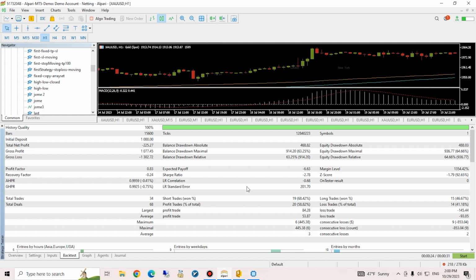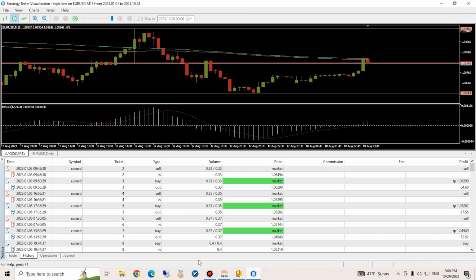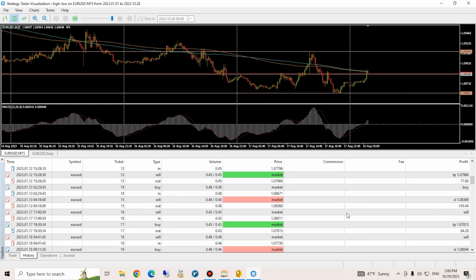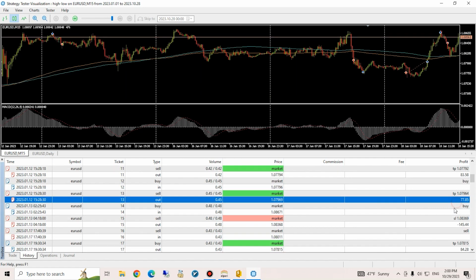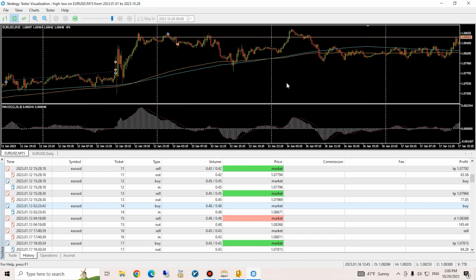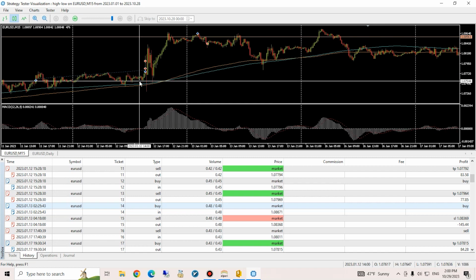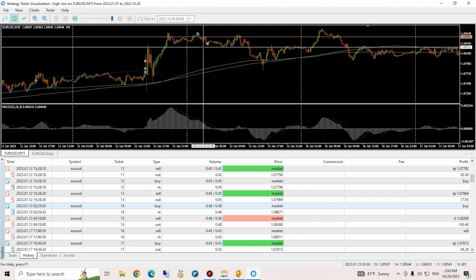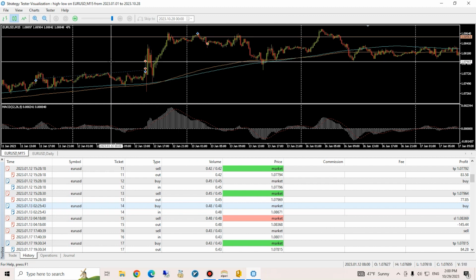So we had 22% loss here. Let's check the positions. We had so many positions with take profit, but like here, it was above the previous highest, and the price goes back to yesterday's prices.